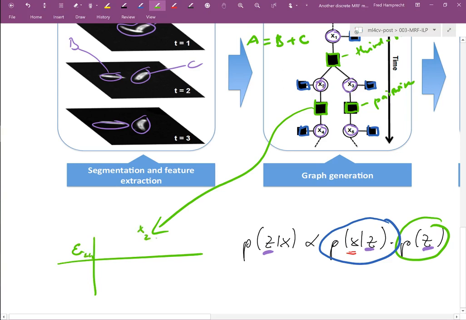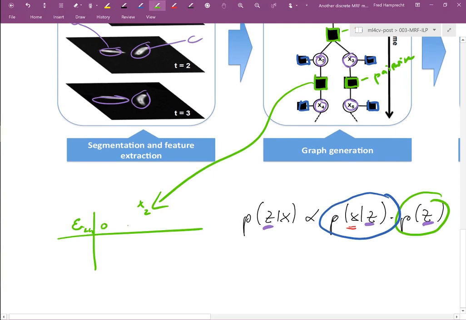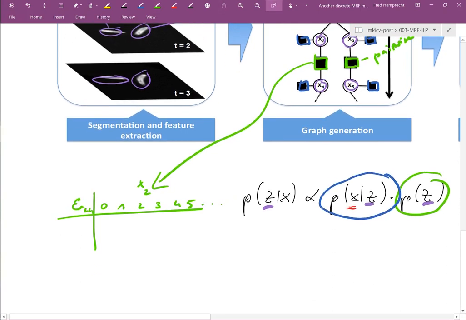Let's say x2 could be 0 larvae, or 1 larva, or 2, or 3, or 4, or 5. And similarly, x4 could be 0 larvae, or 1, or 2, or 3, or 4, and so on. And now what energies would I give to these different configurations here? So this is the energy depending on x2 and x4.